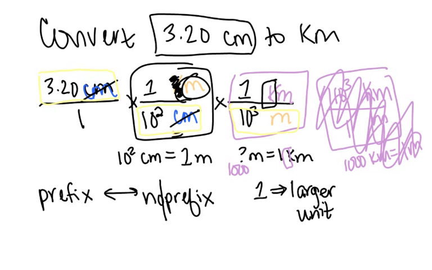So you should do 3.20 divided by 10 to the second, divided by 10 to the third, and that way you don't have to use any parentheses or anything like that. And that is how you would solve that problem. Okay, we have two more examples, and I'm going to go through those a little bit quicker. If you're still confused on this example, I might watch this part again before moving on to the next two.